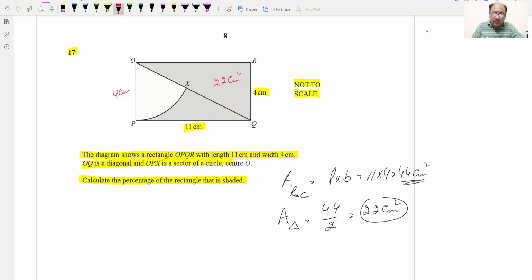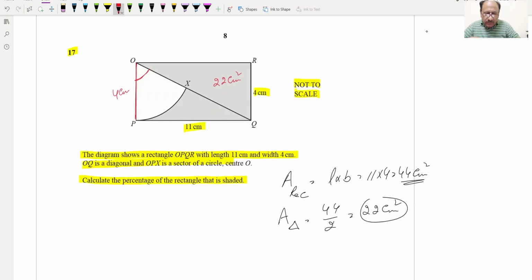And now we can find the area of the sector. To find the area of the sector we require this angle, which we don't have. So what we will do, we will consider this triangle. Which triangle are we considering?